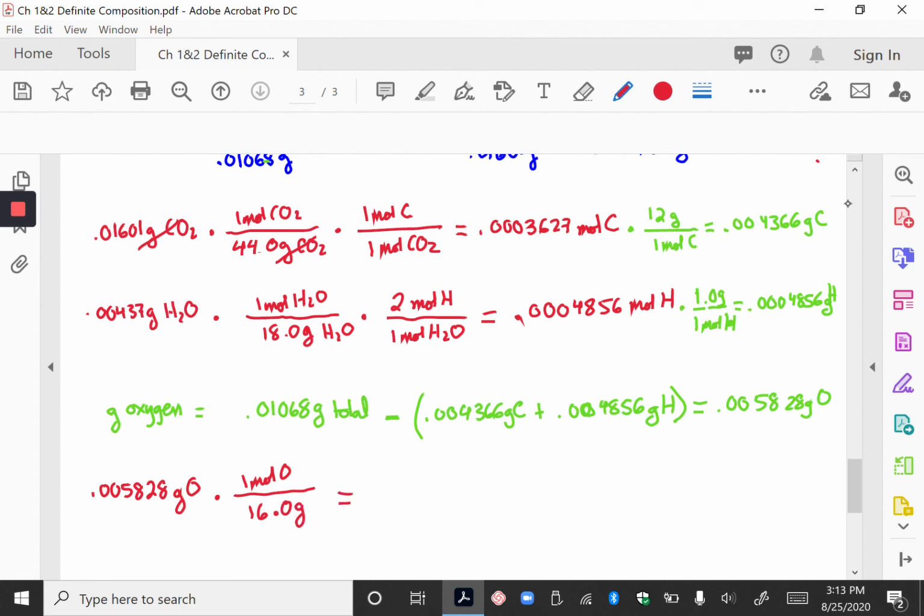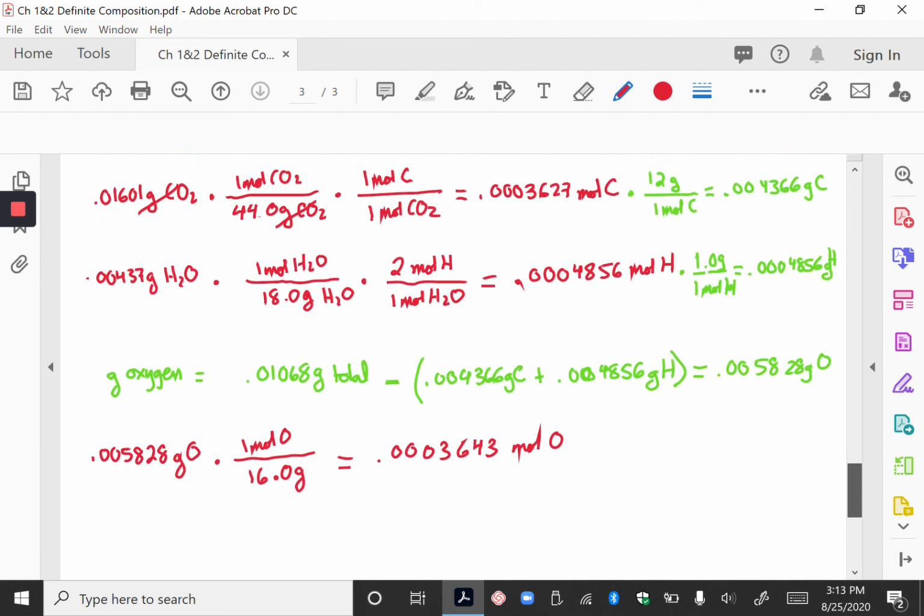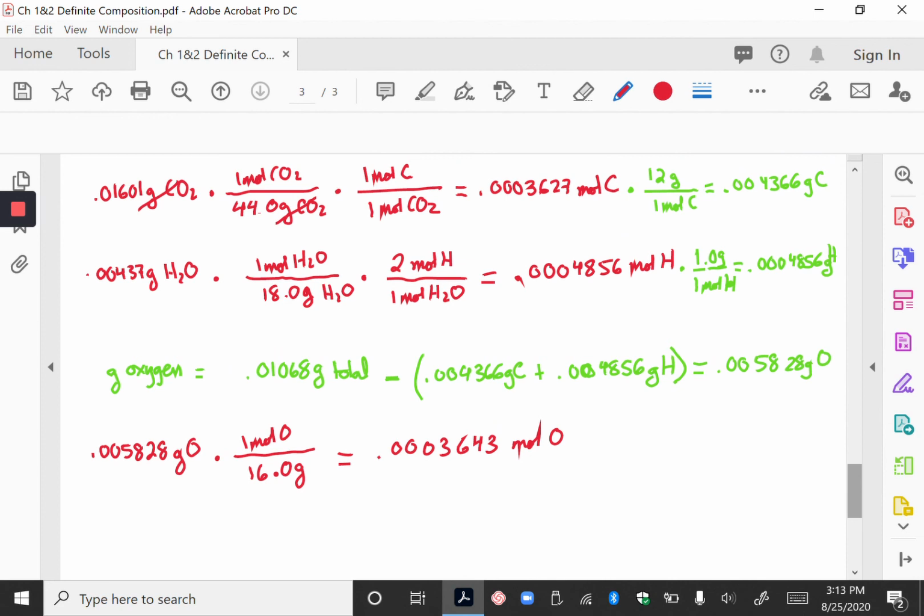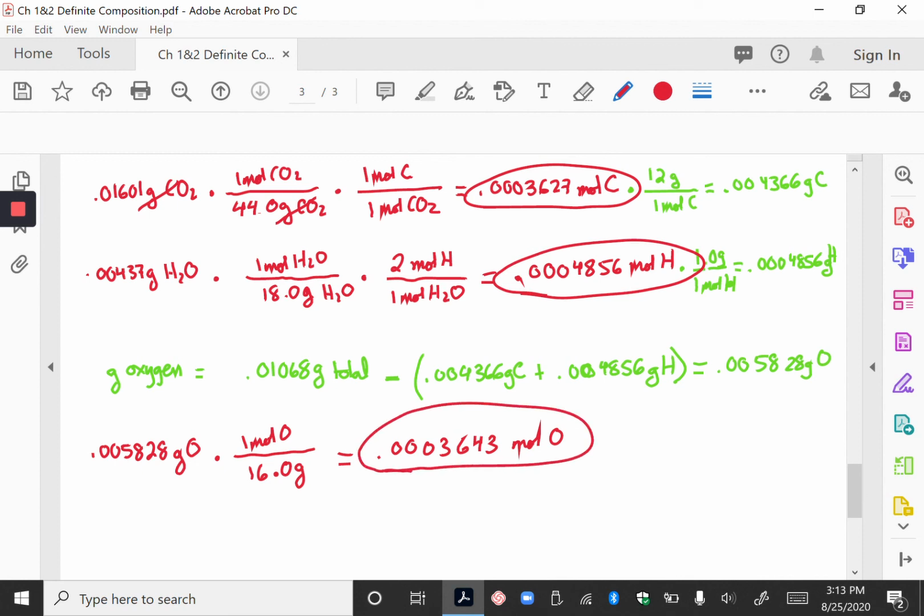So this gives me 0.003643 moles of oxygen. All right, so let's see. We've got moles of carbon right here, moles of hydrogen right here, moles of oxygen right here.